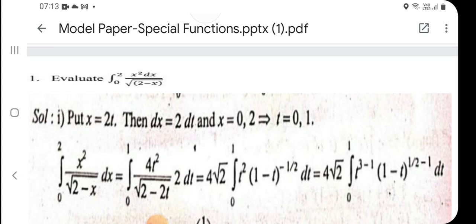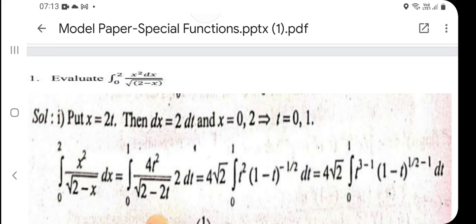So 4 into 2 divided by root 2, if we take common, then it becomes 4 root 2, and the integral varies from 0 to 1, t square into the denominator becomes 1 minus t whole to the power of minus half dt. Now we are going to bring it in the standard form of a beta m comma n.